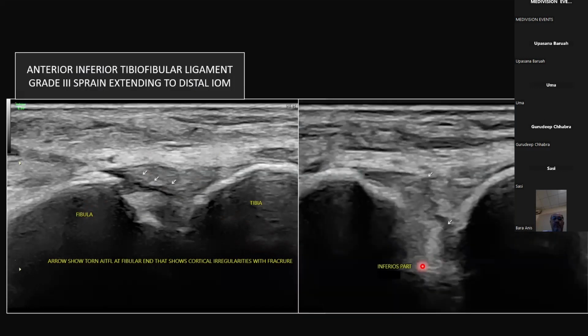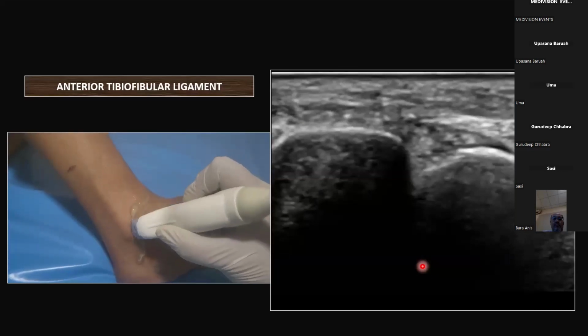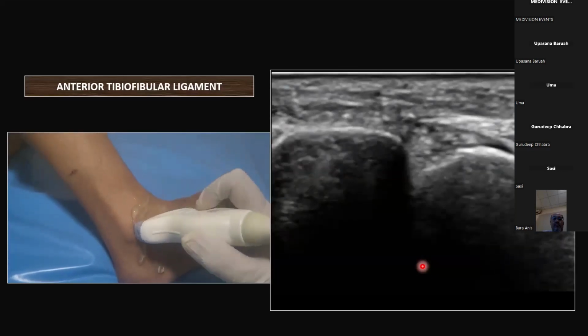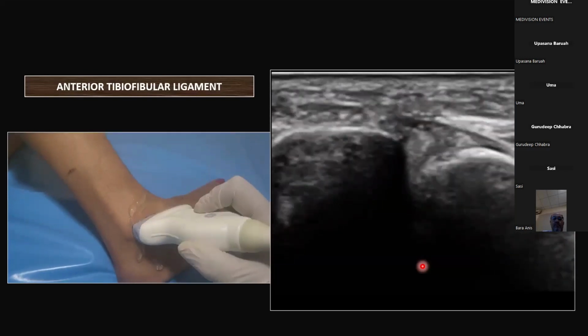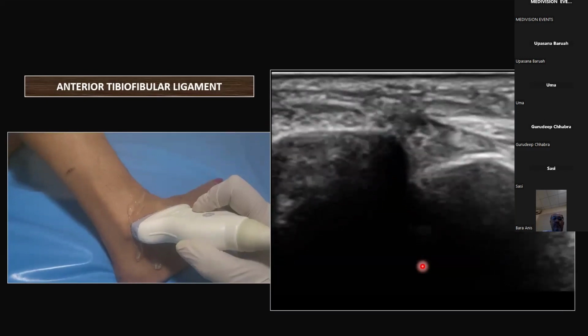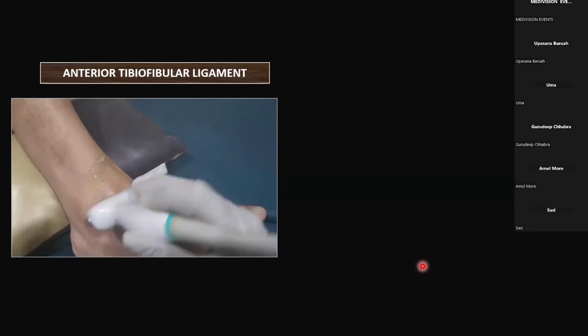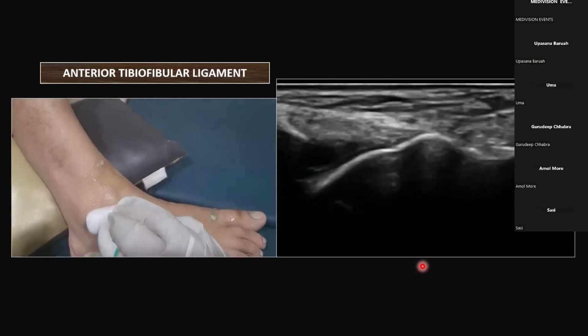After that, we'll move down to find the ATFL or anterior talofibular ligament. We'll just rotate the distal end to the talar neck, or we can put it directly from the great toe and place the probe there. Then we can nicely see the ATFL there.